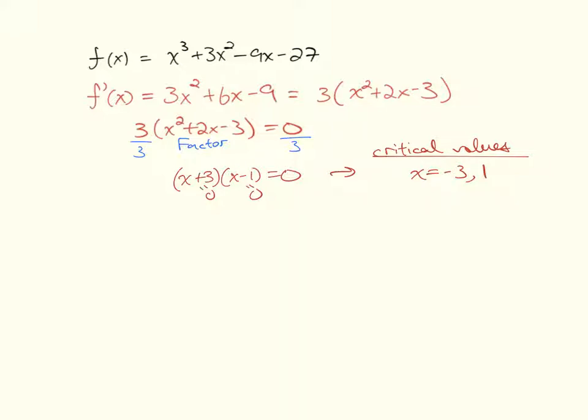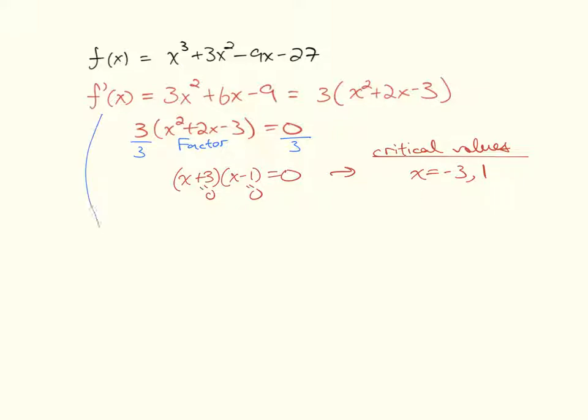From here, I could use the first derivative test to see whether or not these are relative max or relative min, but I'm going to go ahead and find the second derivative now and find the points of inflection and use the second derivative to check whether or not these are relative extrema.